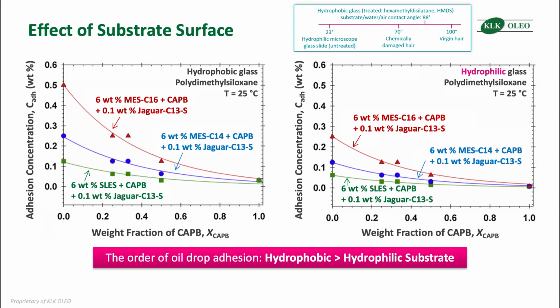The observed adhesion concentrations for all surfactant systems were significantly lower, suggesting that it's more difficult to deposit conditioning agent on chemically damaged hair compared with healthy hair. Meanwhile, the trend of MES C16 performing better than MES C14, which performs better than SLES, remained the same.